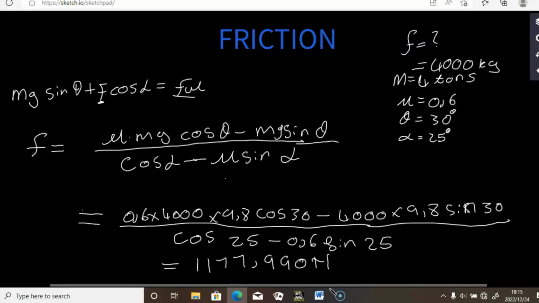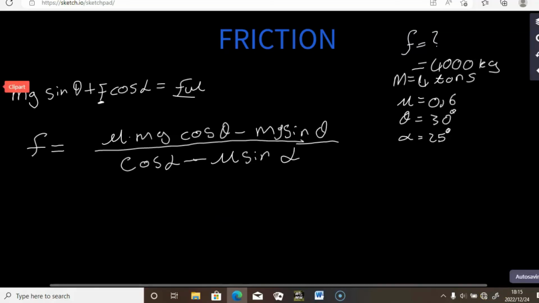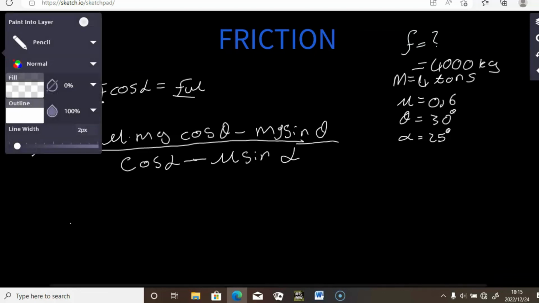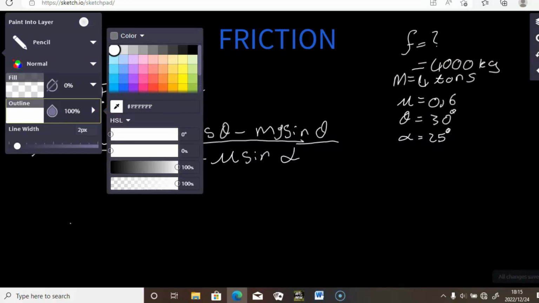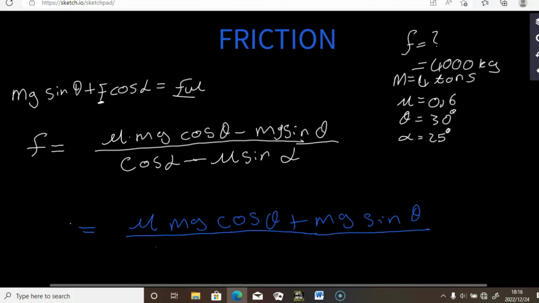If I can compare this to the one that we did previously, let me get rid of this answer. If you still have the diagram that we did previously, you can notice that F was equal to mu mg cos theta plus mg sin theta, and then it was cos alpha plus mu sin alpha.